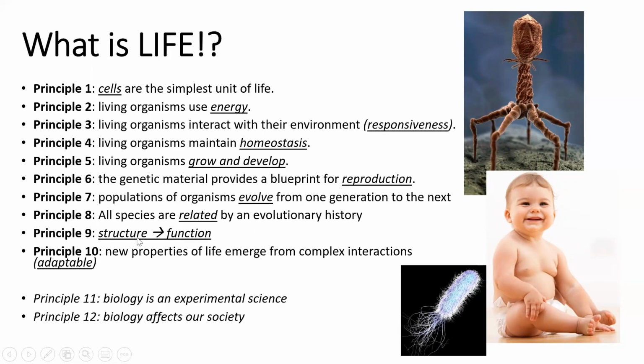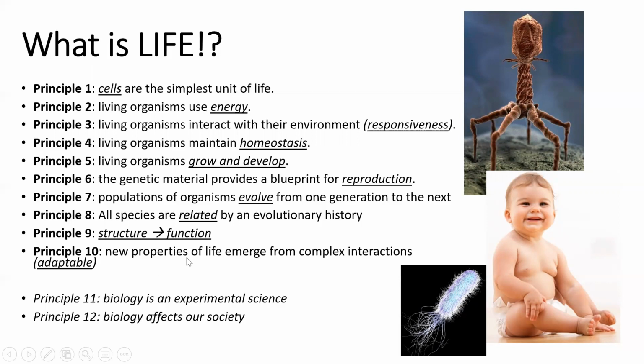Nine, the big one in biology, the big concept that I'm going to be talking about over and over again, and you'll be hearing about this in upper level classes, for example, anatomy and physiology: structure is related to function. The structure of something will affect its function. Therefore, if you have the structure damaged, you're also going to damage the function.